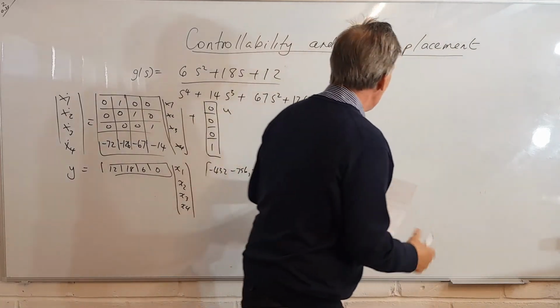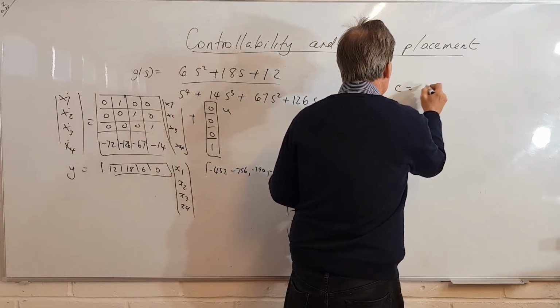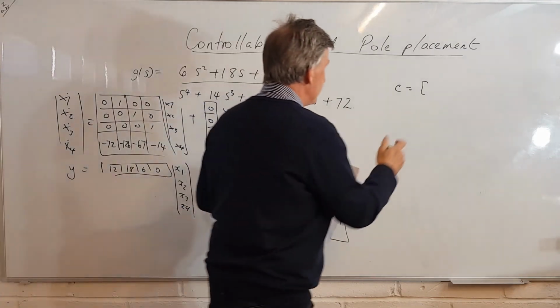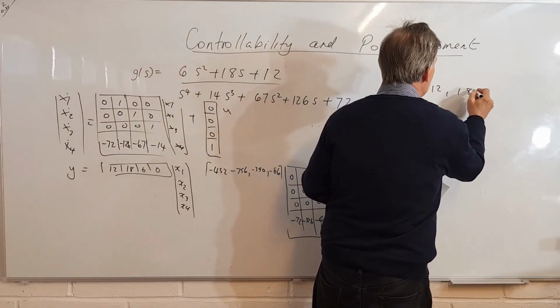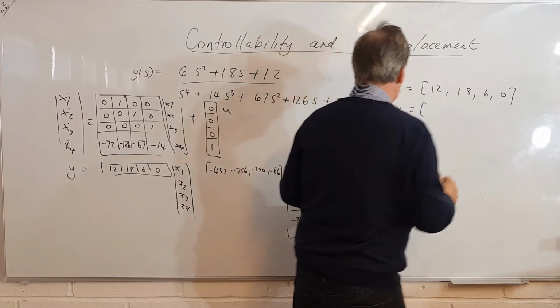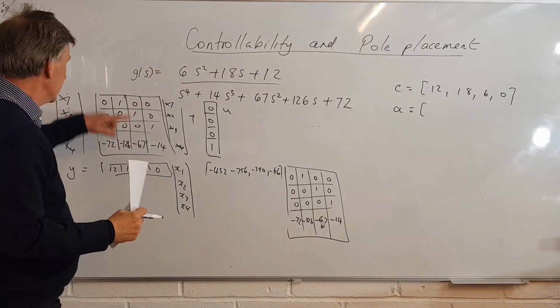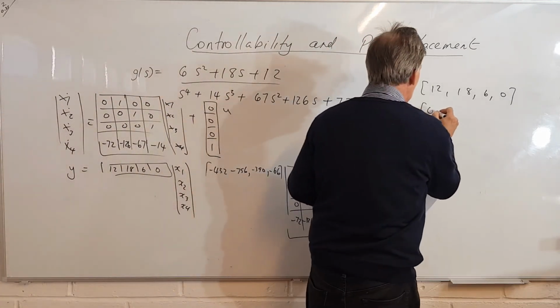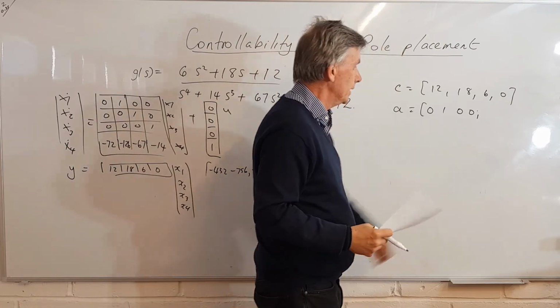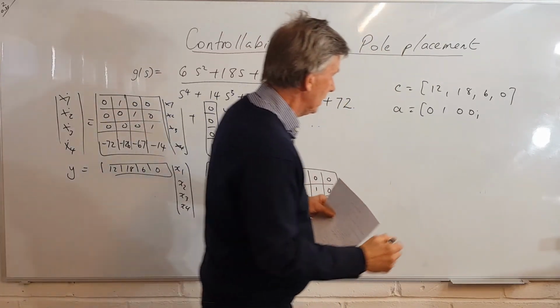So we could put C, open square brackets, 12, 18, 60. And we could put A equal to, and this is going to be the A matrix here. I'm using a semicolon there for a new line.